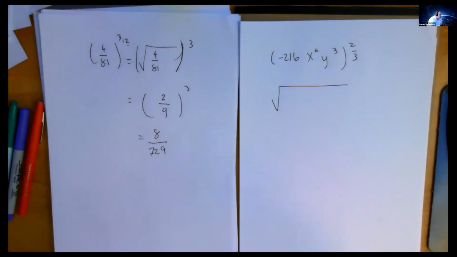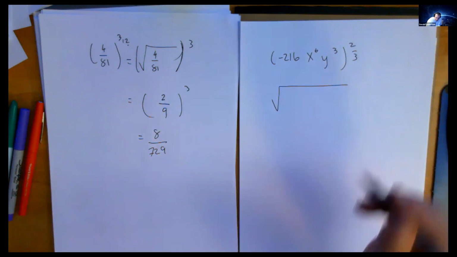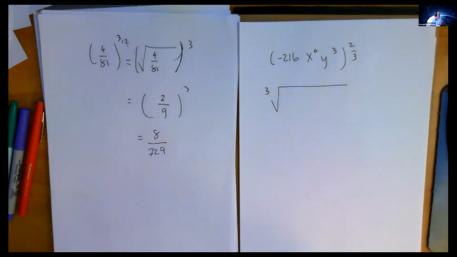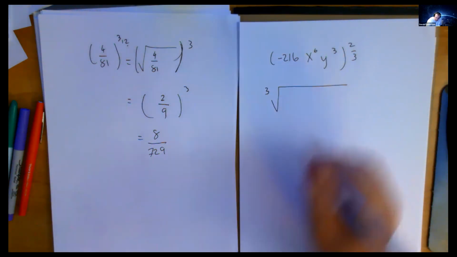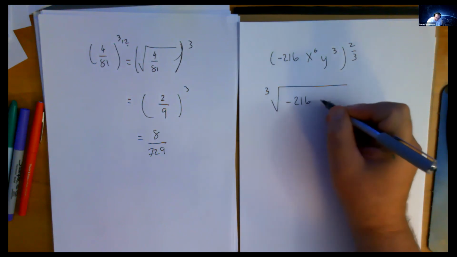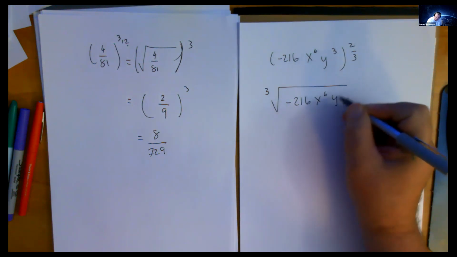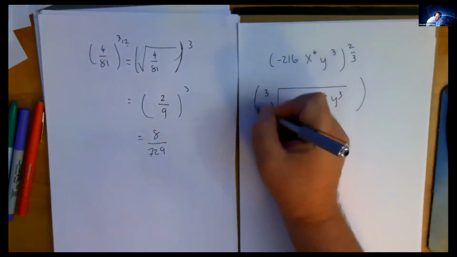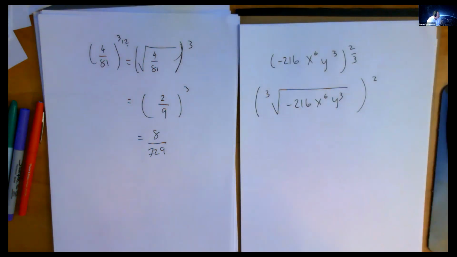Square root or cube root? Two-thirds, cube root. I see your mouth moving and it looks like you're saying cube root, right? Inside is going to go negative 216, x to the 6, y cubed, and the whole thing is squared. I'm doing it the order that makes most sense to me, right? I think this is less work.